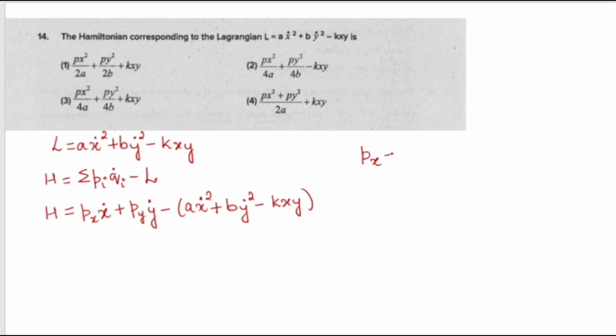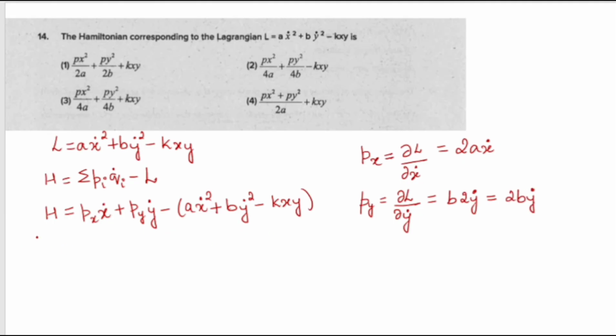As I told in my previous video, p_x is nothing but the partial derivative of L with respect to x dot. Differentiate L partially with respect to x dot, which means x remains constant here. So the partial derivative will be 2 times a x dot. Similarly, p_y is the partial derivative of L with respect to y dot, so we differentiate the Lagrangian and it will be b into 2 times y dot, so I get 2b y dot.